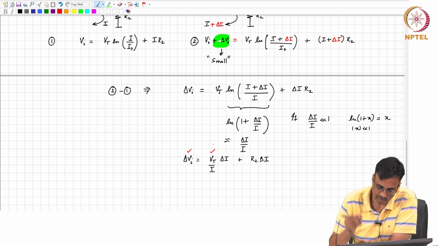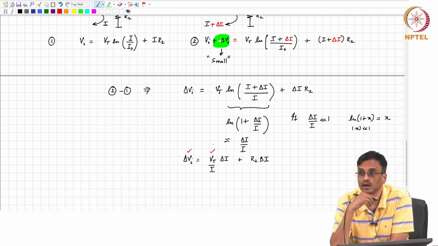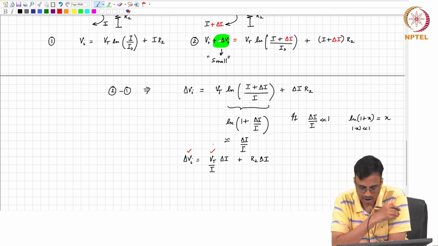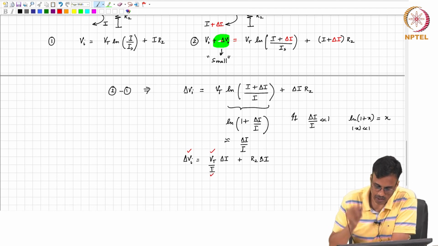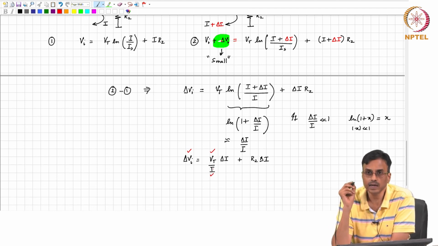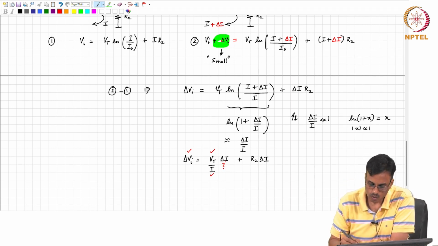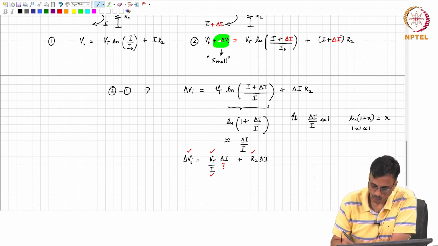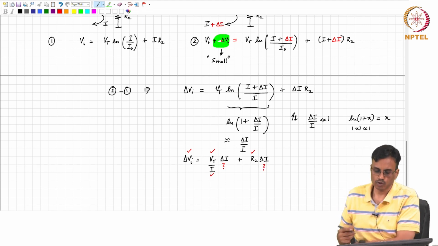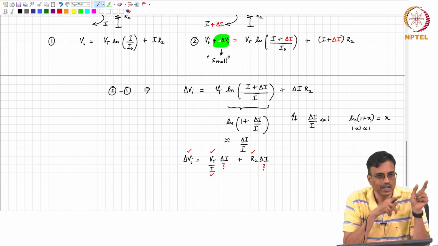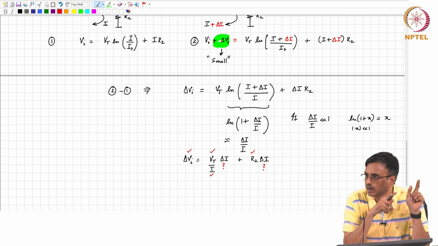Yes. Is capital I known? Oh well, yeah, we had already solved that problem by working hard. So, that is known. What about delta I? Delta I is unknown. R2 is known, delta I is unknown. So, this is also one equation in one unknown.